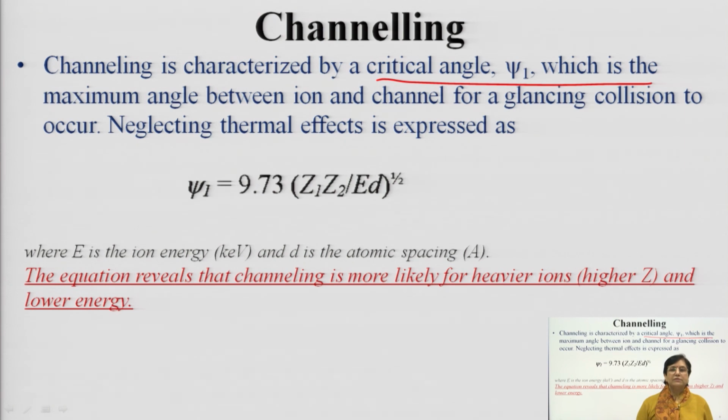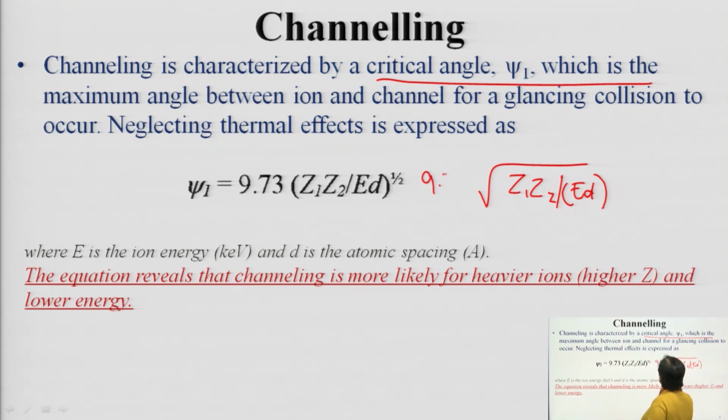Neglecting the thermal effects, we express this channeling angle psi 1 as 9.73 times the square root of Z1 Z2 divided by E D, where E is the ion energy, D is the atomic spacing, and Z1 Z2 are the atomic numbers we have already seen.